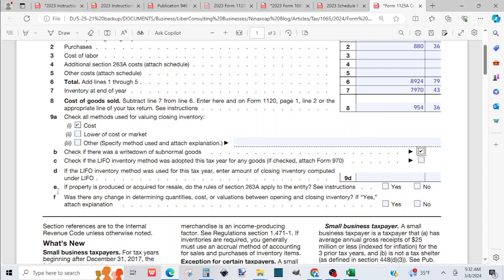So line E, if the property is produced or acquired for resale, do the rules apply? For this one I'm just going to say no, but if it applies to you, you might want to read the instruction on it. The instruction is below. Was there any change in determining the quantity, cost, or valuation between opening and closing inventory?